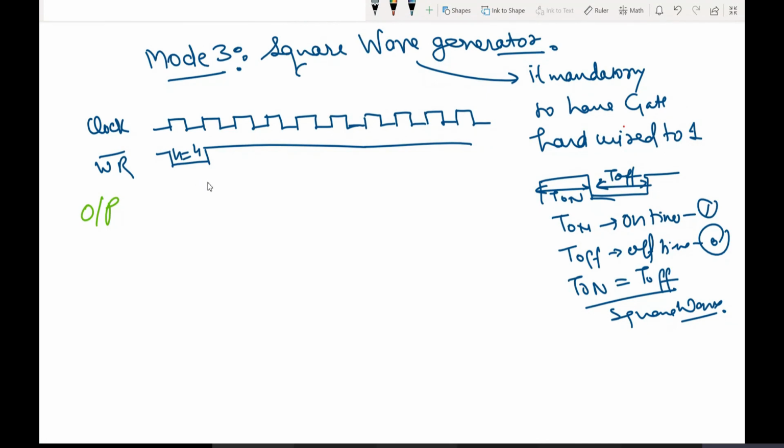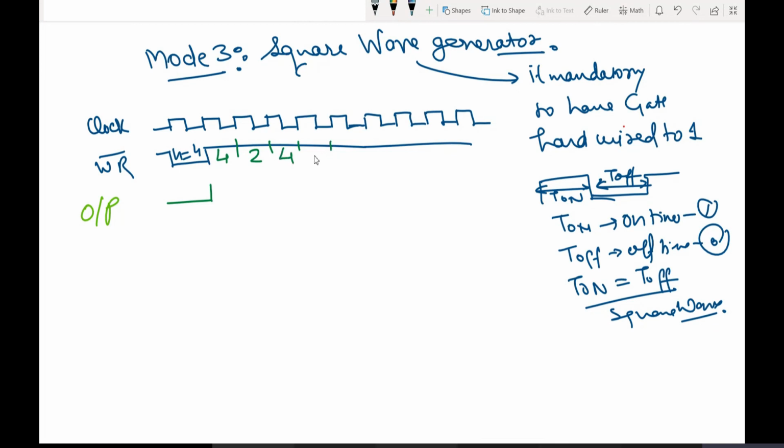Initially it will be low. It goes 4, -2, 2, -2, 0. Whenever 0 comes, the count will be reloaded automatically.